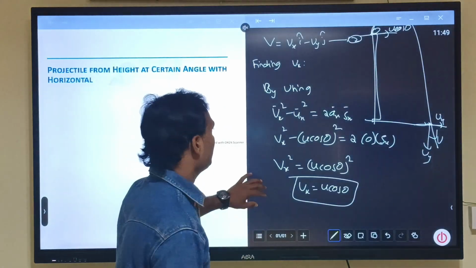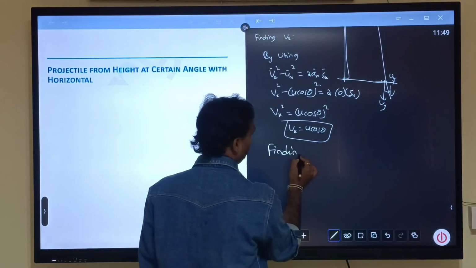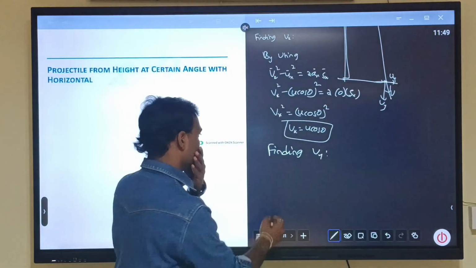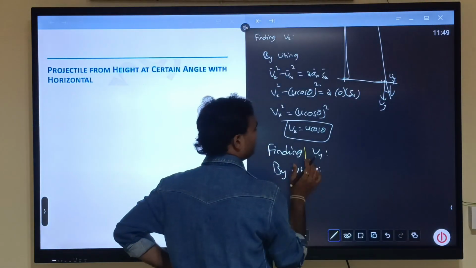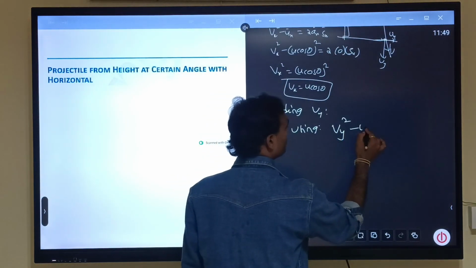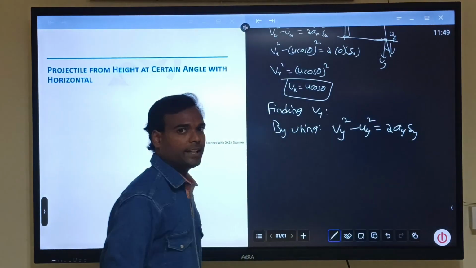That is the first point. Then the second point, finding Vy. Again using Vy square minus uy square equals 2 ay sy.